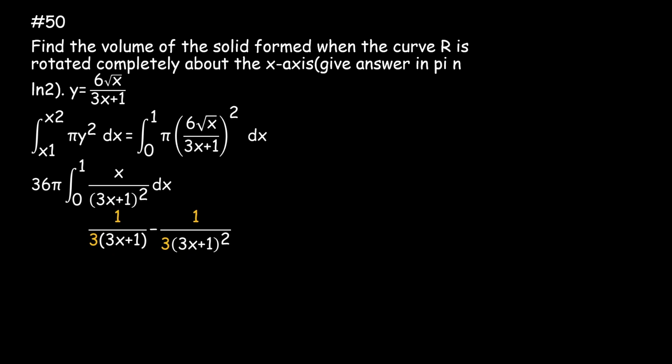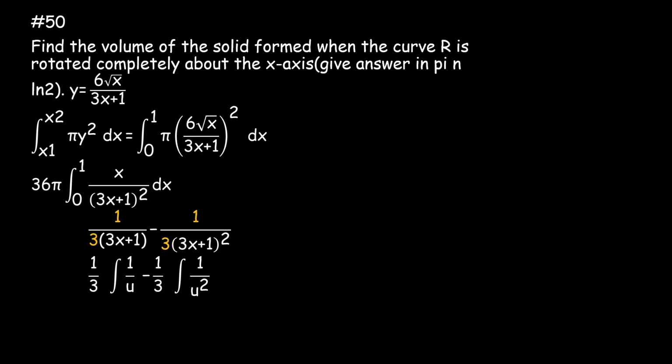So we need the integral of 1/3 over (3x plus 1) minus 1/3 over (3x plus 1) all squared. If we replace u with 3x plus 1 and we factor out the 1/3, this would give us 1/3 times the integral of 1 over u minus 1 over u squared.